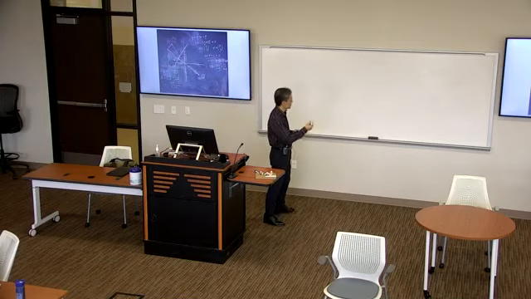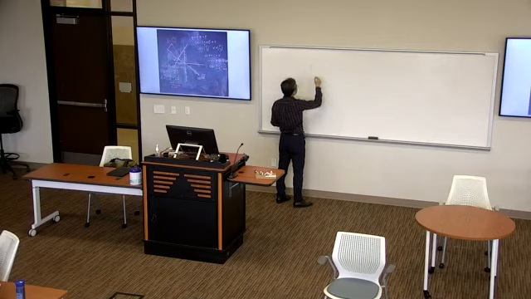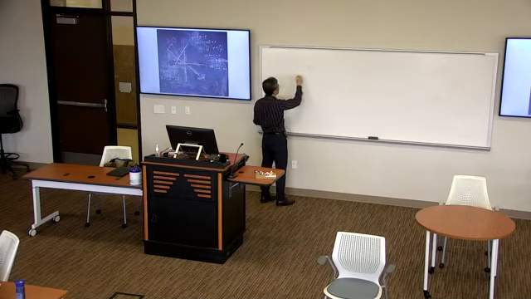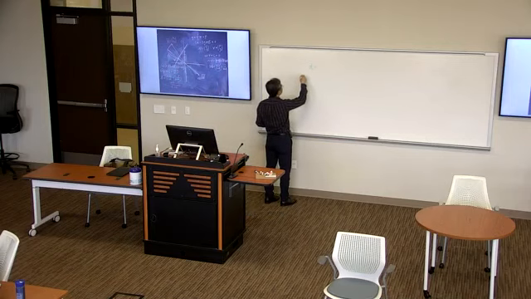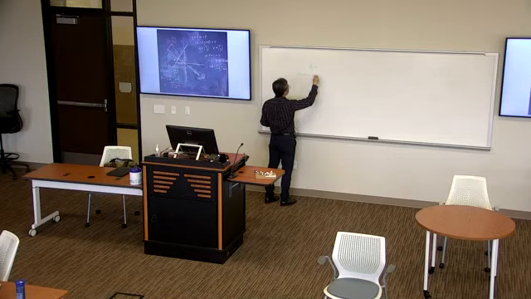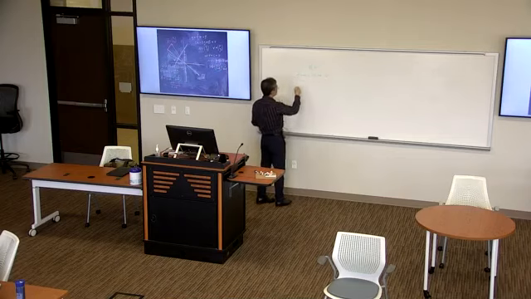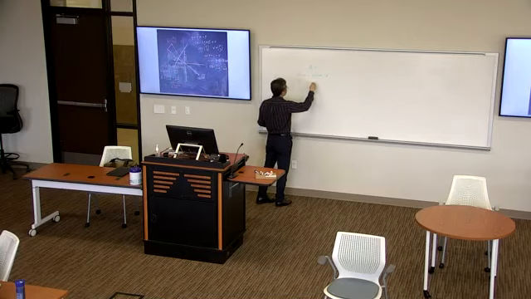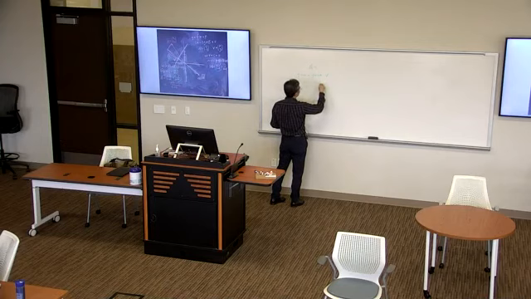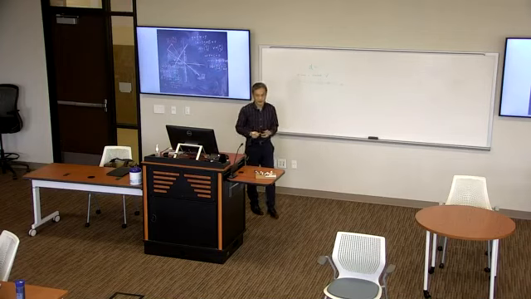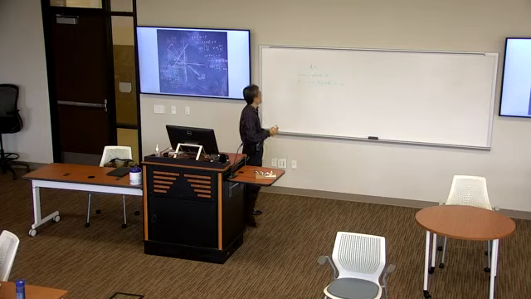The answer is to do this dot product. The distance from a point V to a line. Here we have two vectors, a 2D example.